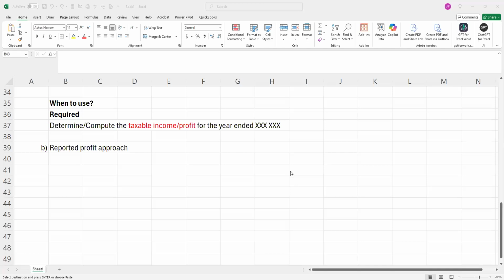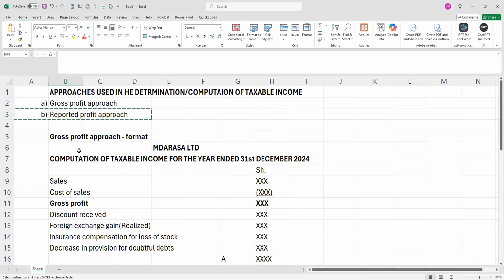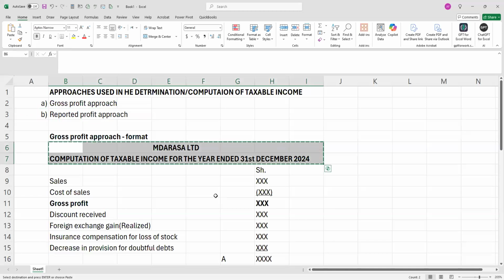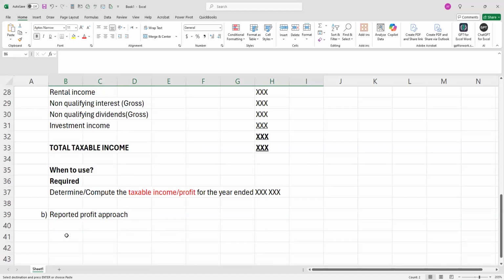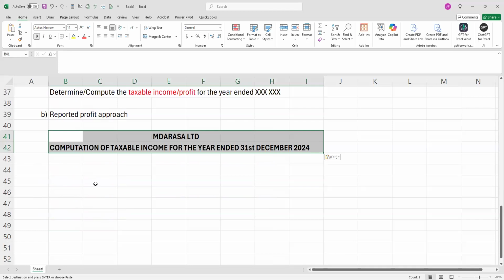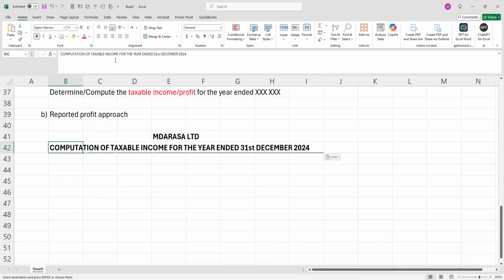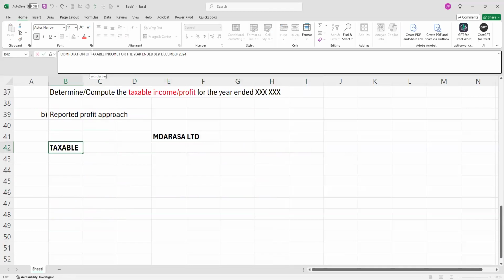How will we go about it? To go about it, this is what we need to have. The title will always be very, very important. MD Rasa Limited computation of adjusted taxable income.